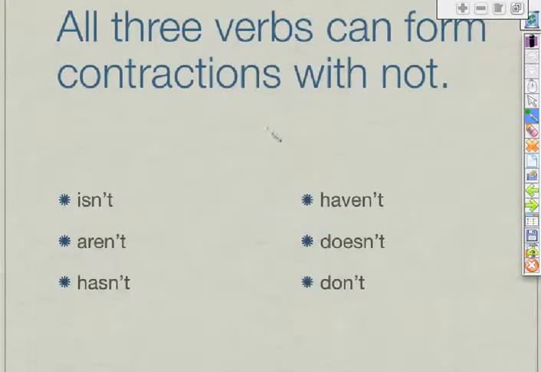Now, just want to make sure that you realize these verbs can also form contractions with not. So if you're looking for them in a sentence, sometimes you're going to see isn't, aren't, hasn't, don't, doesn't, and haven't. Now, if you are told to find that verb, make sure you remember that it is actually only the root of that contraction.